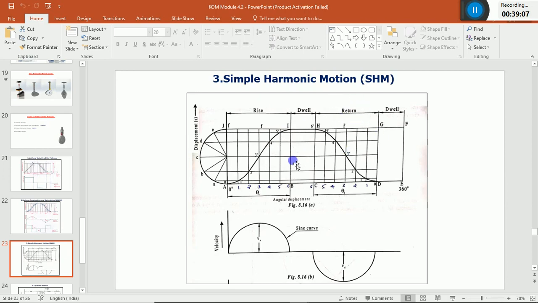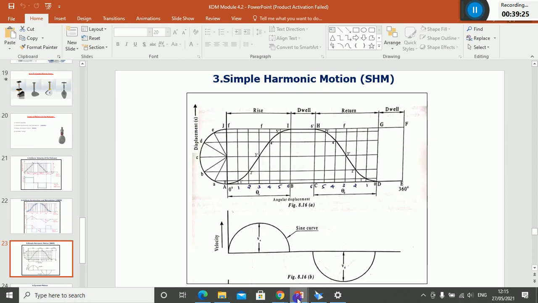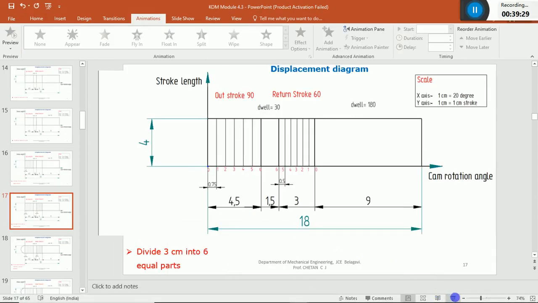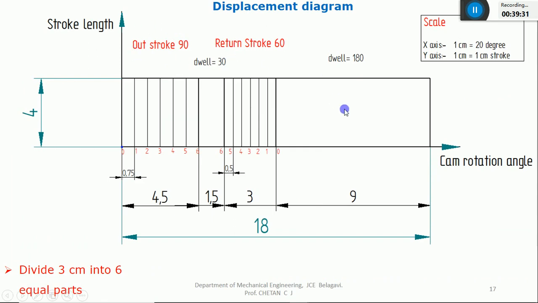Since both rising and returning are with simple harmonic motion, I'll not worry. I'll use the semicircle method. Just remember why I'm choosing this method. After solving a couple of problems, you'll get to know. You can differentiate between one problem to another problem. So since the rising and returning is with simple harmonic, I'll use the semicircle method for outstroke and return stroke.